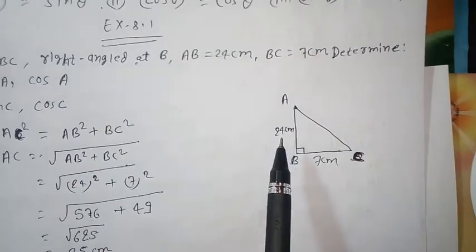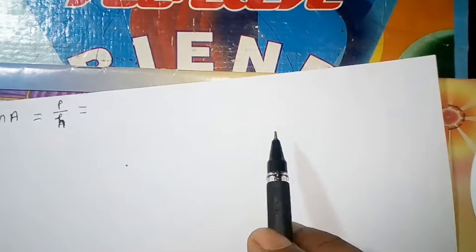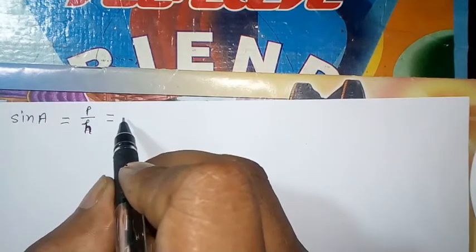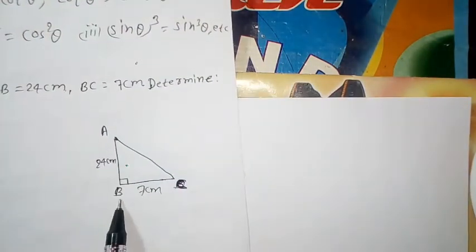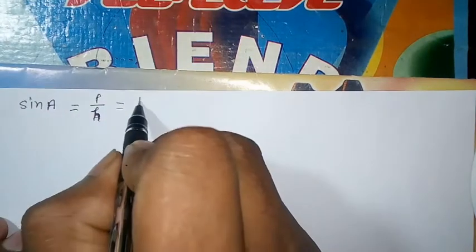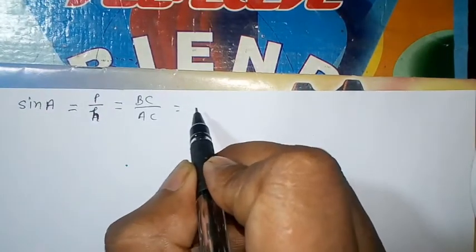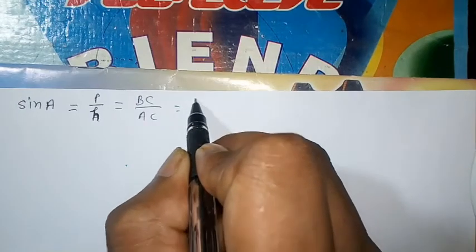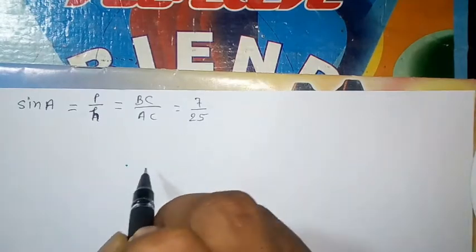Perpendicular by hypotenuse, then perpendicular BC and hypotenuse AC, is equal to BC by AC, is equal to 7 by 25.